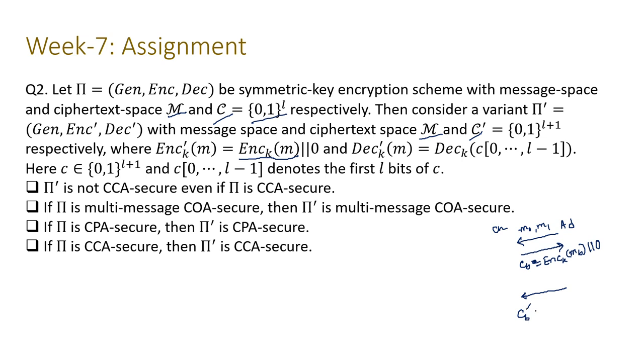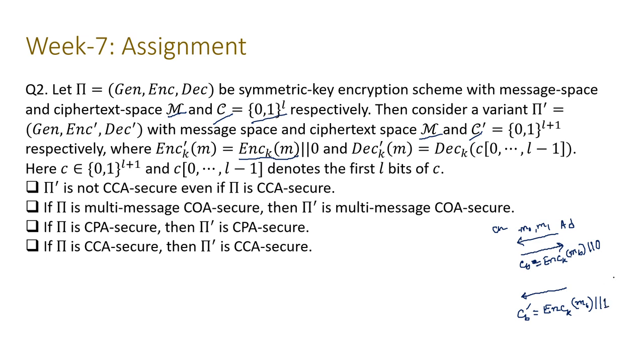We construct CB dash, the ciphertext, to be, so the ciphertext is L plus 1 bits, right? The first L bits come from the encryption of the scheme pi. So this part remains as it is. You keep the first L bits as they are, and you just change the last 0 bit to a 1.